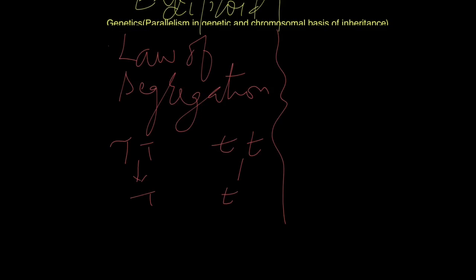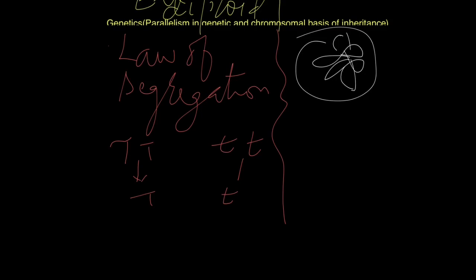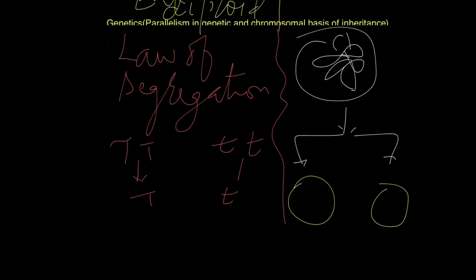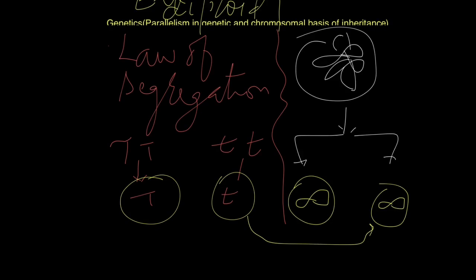Similarly, the law of segregation in terms of chromosomes can be made clear during cell division. During cell division, the diploid chromosomes in a cell divide into two different cells having a haploid set of chromosomes.